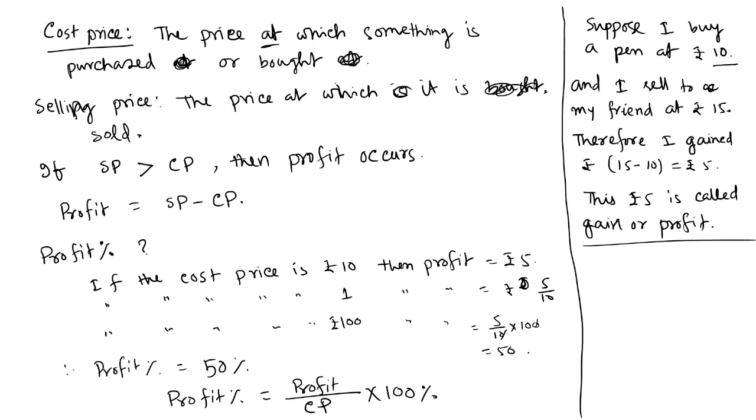Now, suppose I buy the pen at rupees 10 and sell it at rupees 8. Therefore I will have a 2 rupees deficiency, and that deficiency is called the loss. So loss happens when the selling price is less than the cost price.